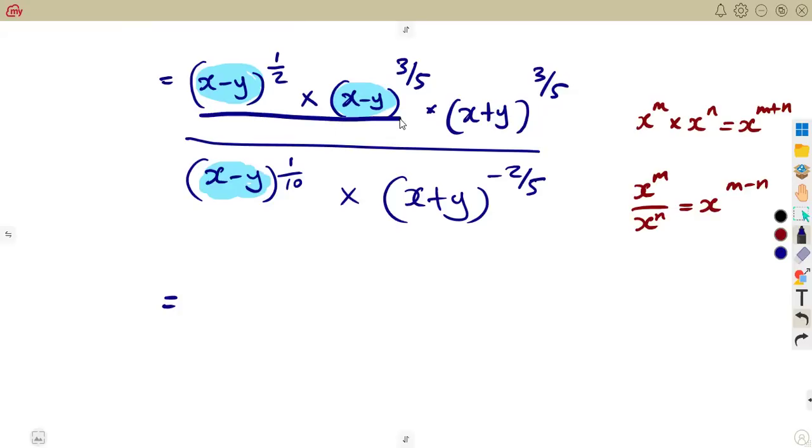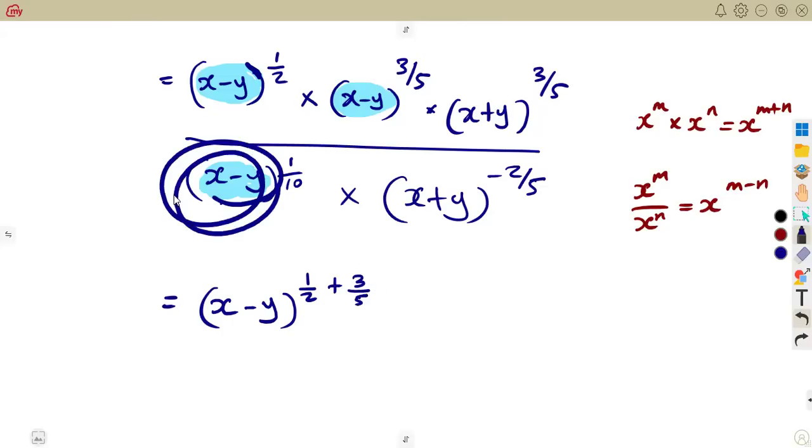On top here, it's a product. These two brackets here, it's a product. This part here, you are multiplying. So when you are multiplying, what is that you do? You add. So it was going to be x minus y like this. You add these exponents: 1 over 2 plus 3 over 5. These are your exponents.